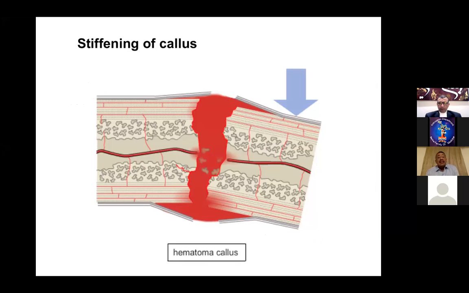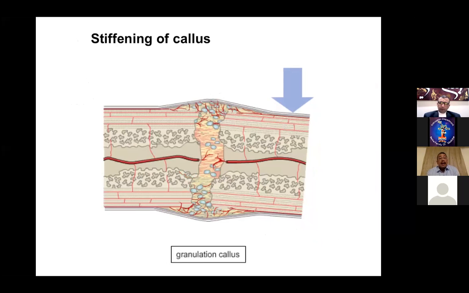Look at the stiffening of the callus during the different stages. In the soft granulation, you can see the deformation of the callus. So it is liable to disruption. When the callus gets more and more stiff during hardening of the granulation, the deformation will be less.